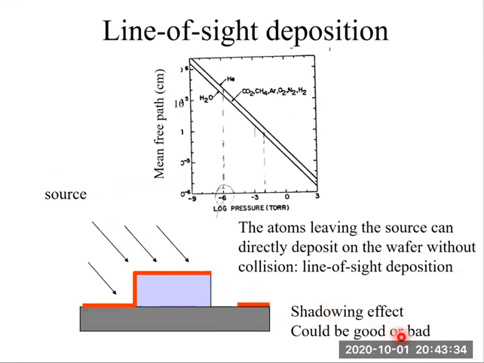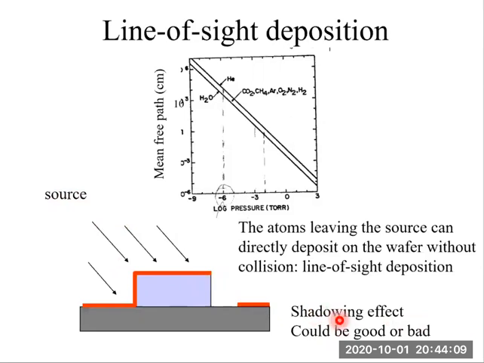So there will be a shadowing effect in this type of deposition. What's the shadowing effect? Very simple. There will be no deposition on the shadowed area. This line-of-sight deposition leads to the shadowing effect.